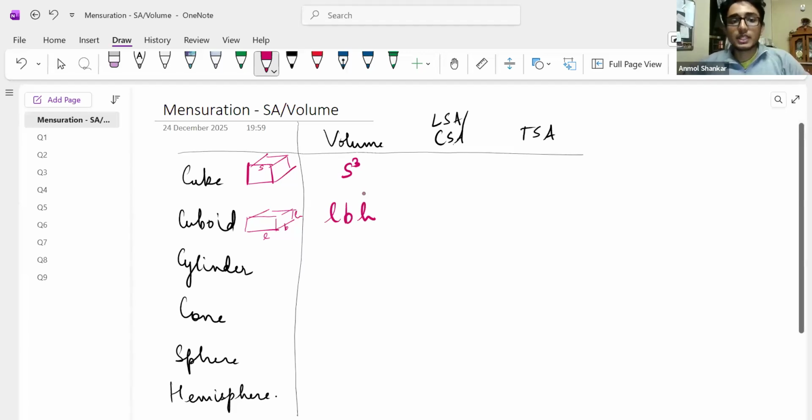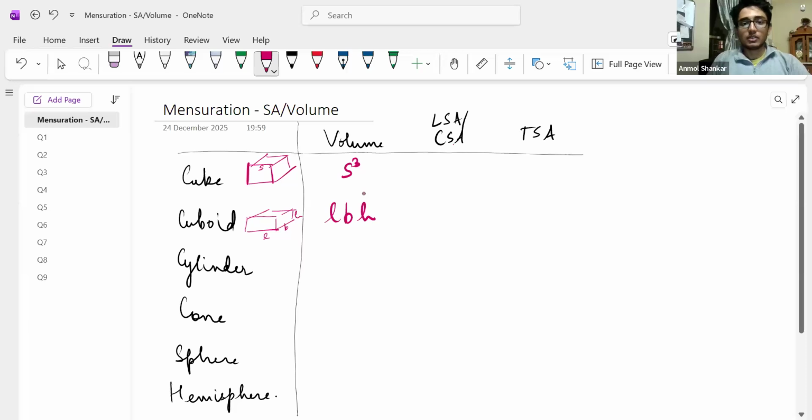What about curved surface area? So what is the difference between curved surface area and total surface area? In curved surface area, we do not consider the surface area of the top and the bottom faces, right? We will only consider the lateral, around the sides, everything excluding the top and the bottom.